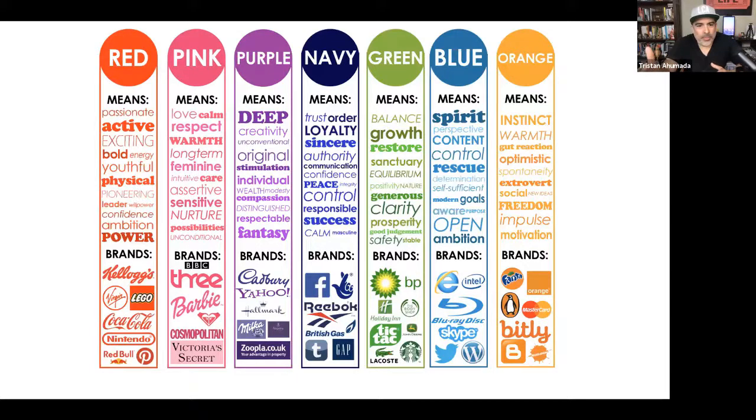You can see all the brands that choose these different colors. So with green, you can see I was going for something that was giving more of growth and generosity, because we were giving this for free. And look, you can see who the people that chose green are. They're Starbucks, Lacoste. You can see the brands here that are going with the colors, and you can pick whatever you want.